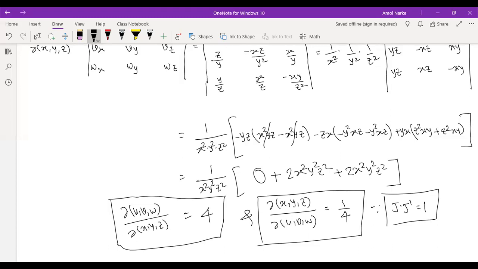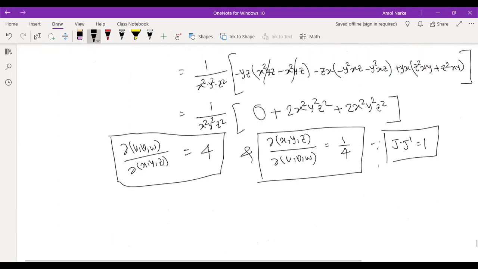Can I give you the next example? Yes or no? Yes, sir. Anyone any doubts up to this for Jacobian? No, sir.